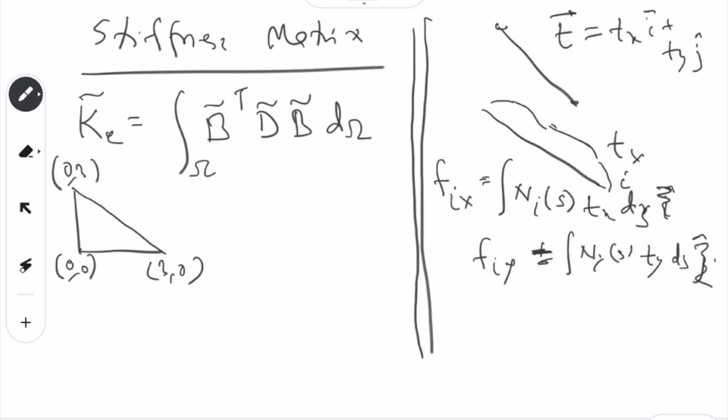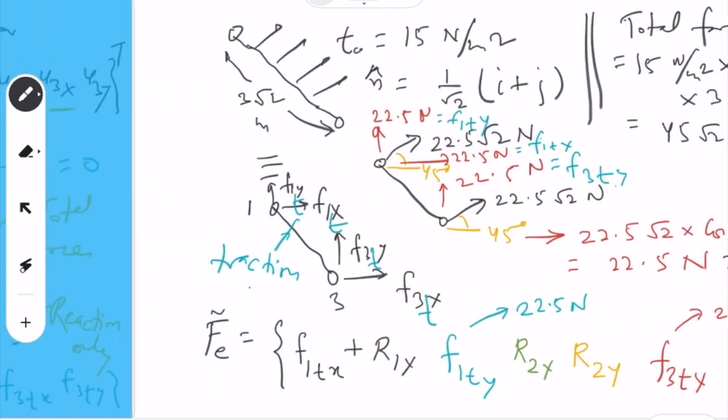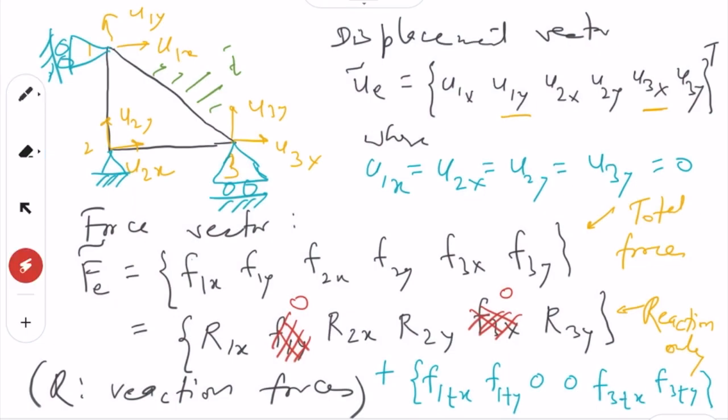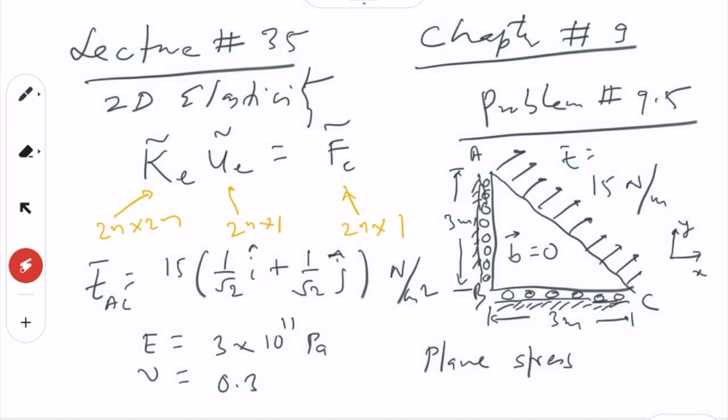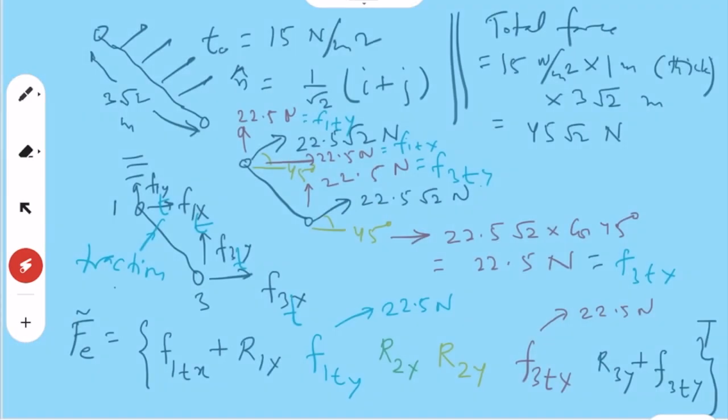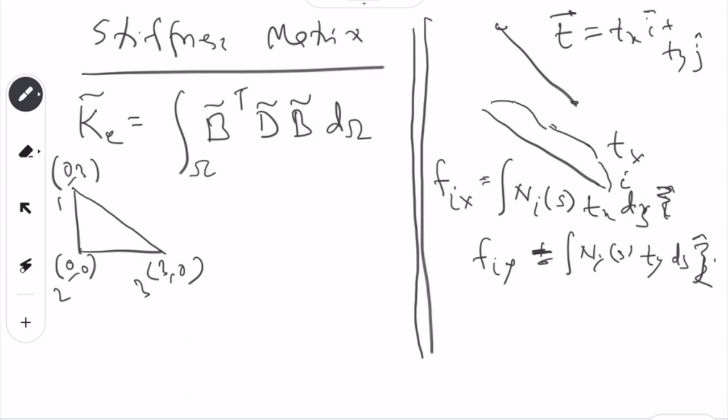This is node 1, this is 2, this is 3, and this is the original, A B C. If you are using a triangular element, then n1 will be equal to like this.